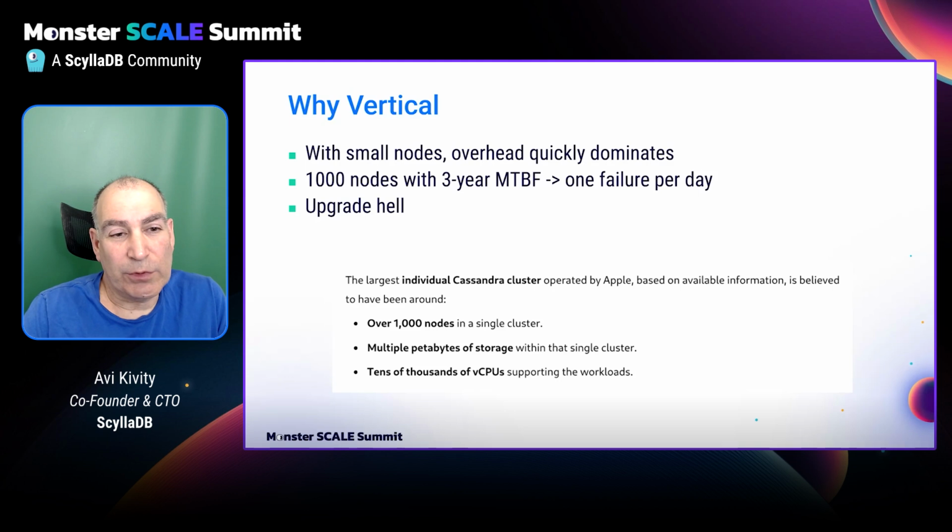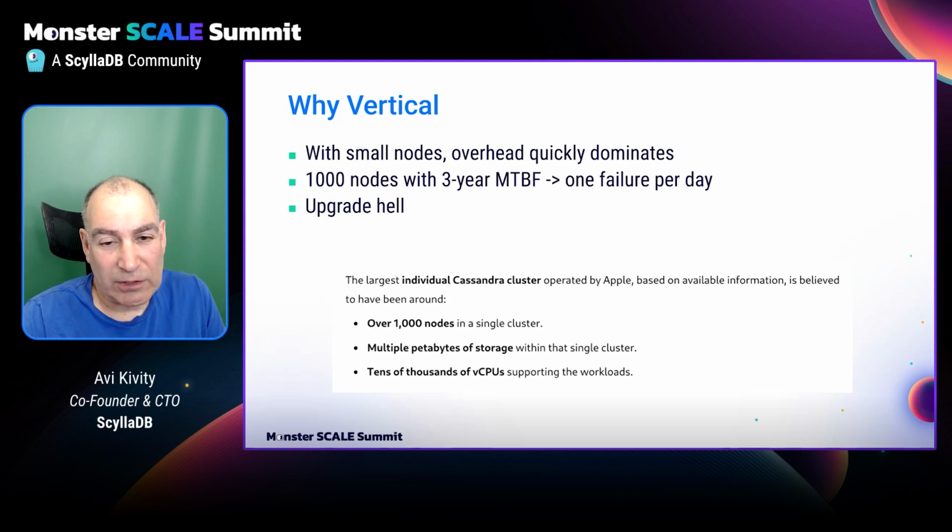And if you reach a cluster that has a size of 1,000 nodes, and let's say you have a 3-year mean time between failure, it means that every day you will wake up to a failure if you're the one that has a pager number on that cluster. Things like upgrade become hell. You want to upgrade the cluster, you need to upgrade 1,000 nodes. It's 1,000 chances for something to go wrong.